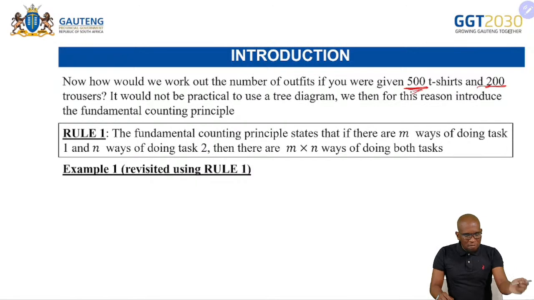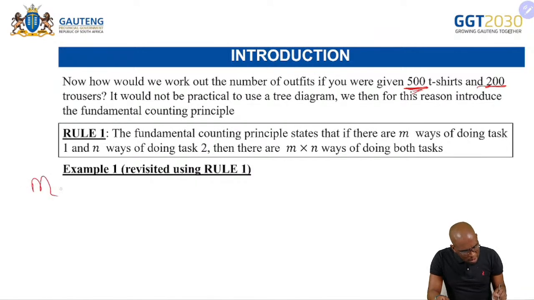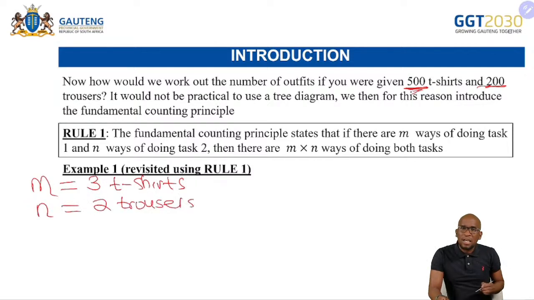Now, we can revisit example 1 using rule 1. If you check, we have m equals 3 t-shirts in this case, and n equals 2 trousers. That is what we had in example 1.